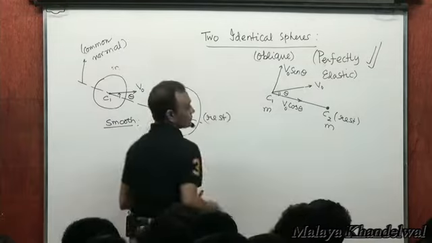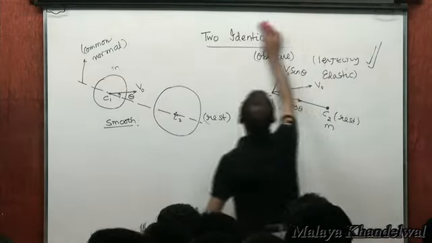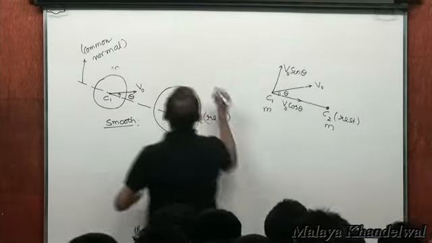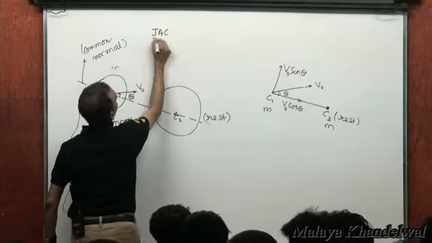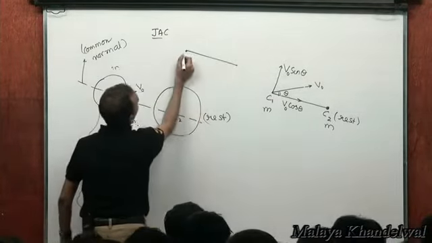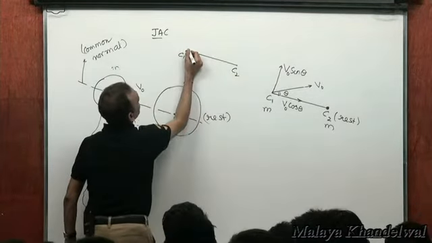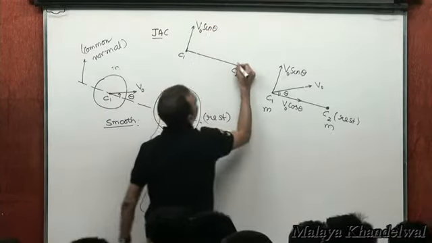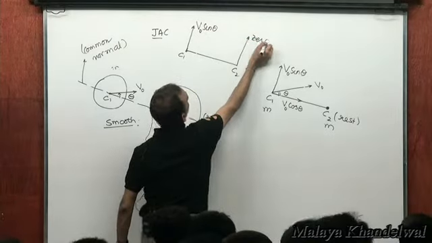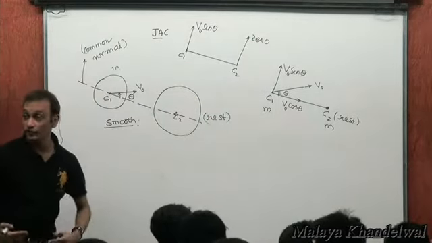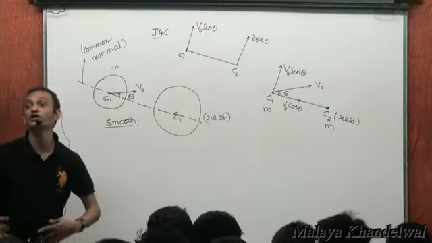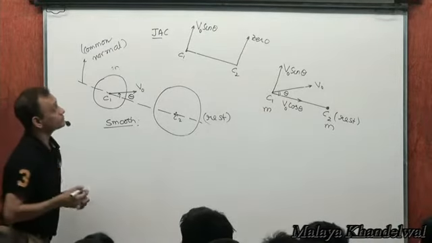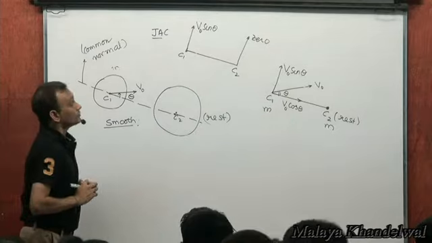That means just after collision, this is C1, this is C2, their velocities in this direction will remain the same. This was V0 sin theta before collision, and this was 0 before collision. It remains 0 after collision. Because they are smooth, their velocities in this direction cannot get altered. That is just after collision.